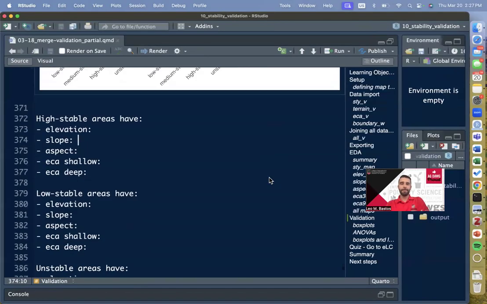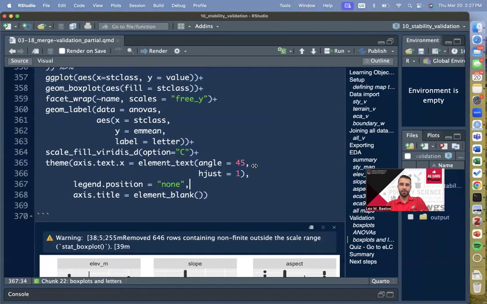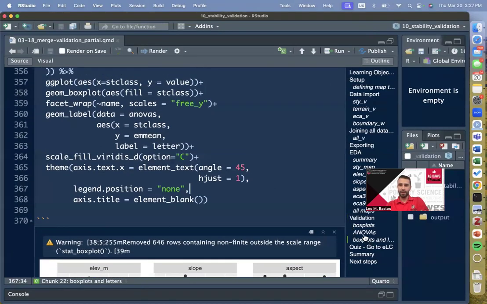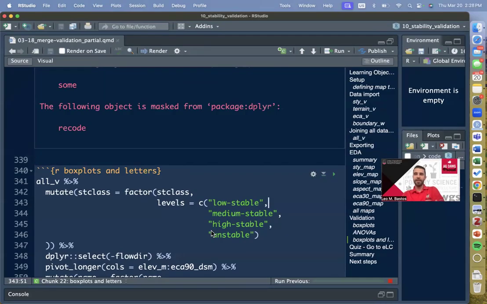Is that right? Yeah. Okay, so I'm going to come to this chunk here, which, if you're looking at the outline, is the box plots and letter chunk. I'm just going to run all above. If you did not leave any lingering errors in your code, it should work correctly to create all the objects until where we were.